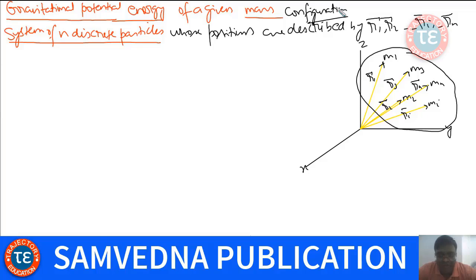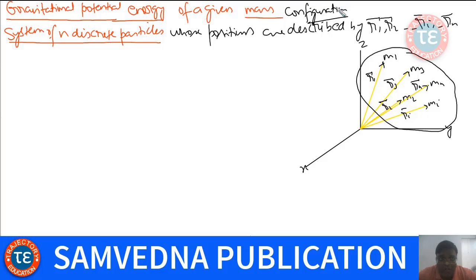The overall arrangement of masses or particles in space, that's called configuration. So how will you find potential energy for a given mass configuration?